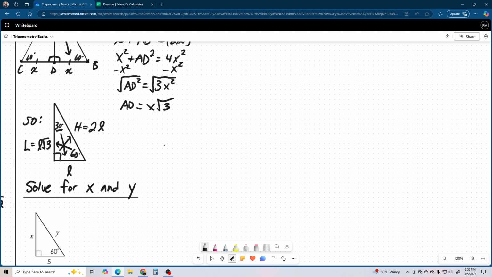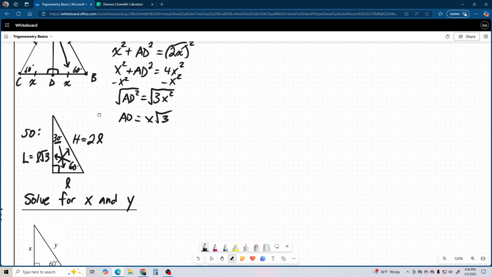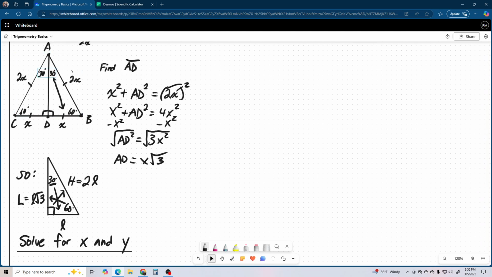Now, these are the equations that we figured out from before. Across from the 30 is x, which is what we're calling our leg. Across from the 90, the hypotenuse is 2 times x. In other words, our hypotenuse is 2 times our leg.